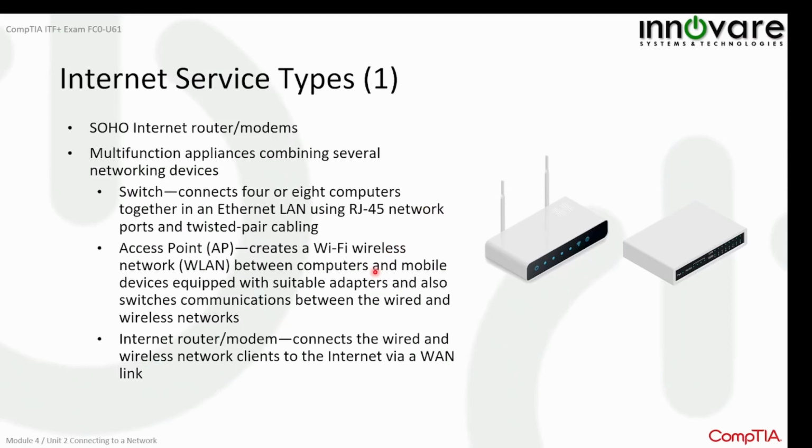So these appliances used for SOHO are multifunction and provide connectivity for a switch, and there is also a wireless router or access point, and then the internet modem. The switch is where you plug in your computers. Usually 4 connections, even up to 8.